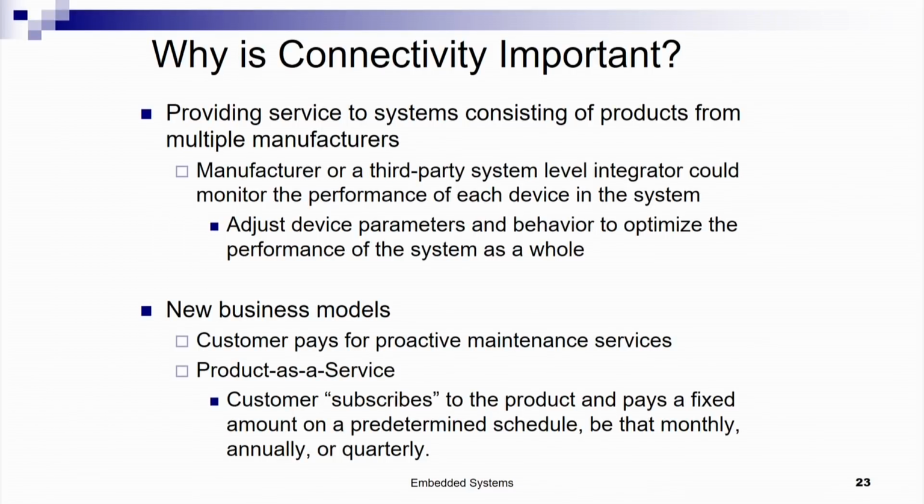So, the customer subscribes to the product, instead of actually buying it, that is the charging, and pays a fixed amount on a predetermined schedule, on a specific time of the day or month or annually or quarterly. He can schedule charging of his car's battery from a nearby charging station.